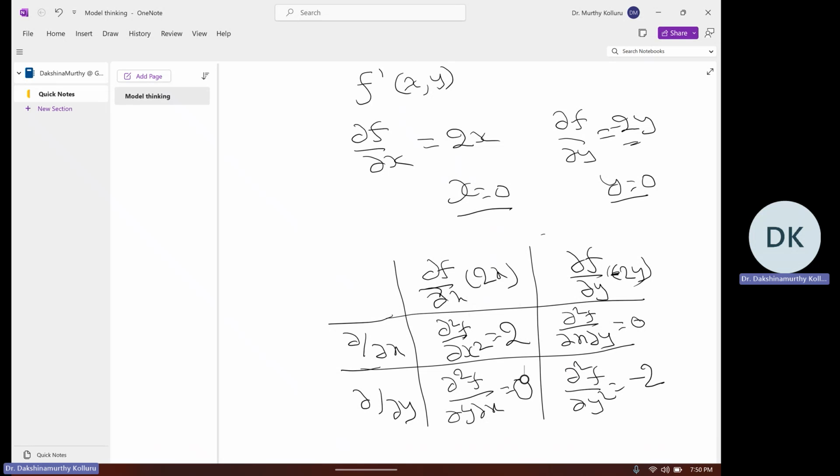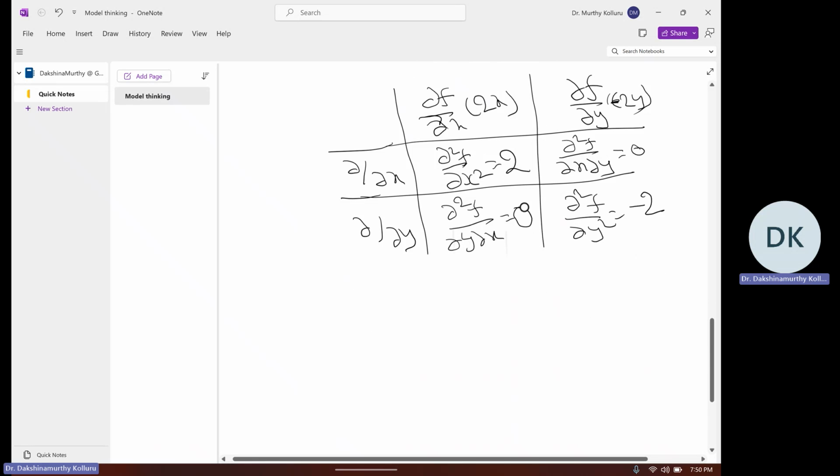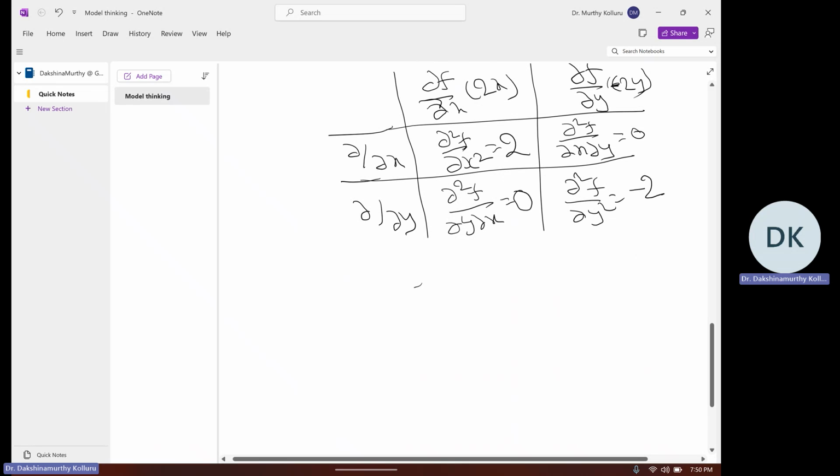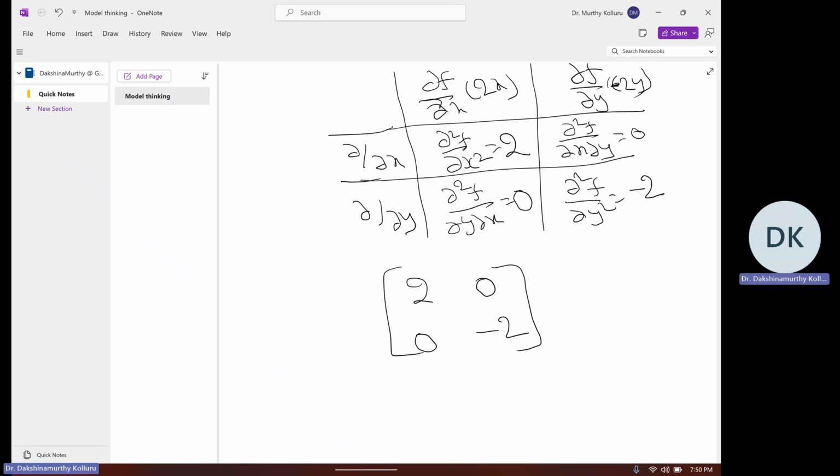So my double differentiation is now a matrix 2, 0, 0, minus 2. If I have two variables, I'll get a 2 by 2 matrix. If I have three variables, I'll get a 3 by 3 matrix, but it's nevertheless a matrix.